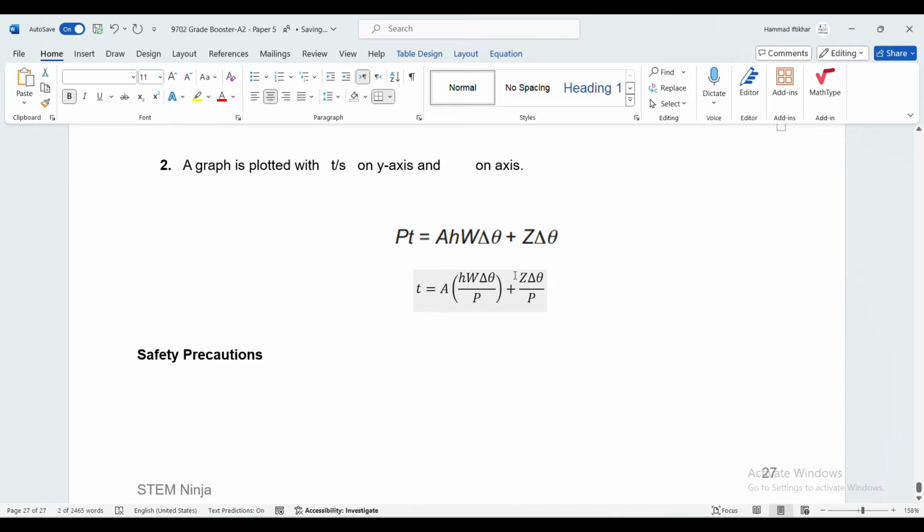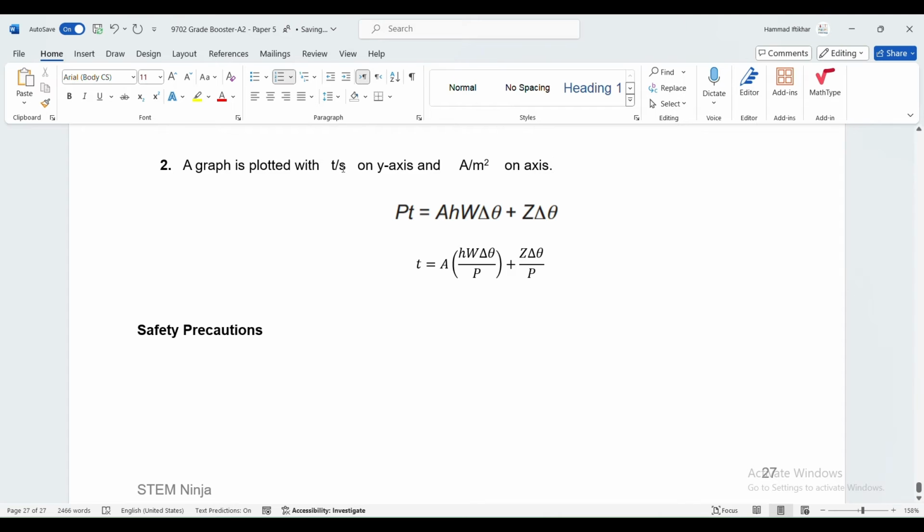W and Z are unknown. Right. Okay. Now t per seconds is on y-axis and area per meter squared is on our x-axis. So writing the units even this way is very important and marked, graded also, because if you're not clear about the units and are not very specific about it, you might lose marks.